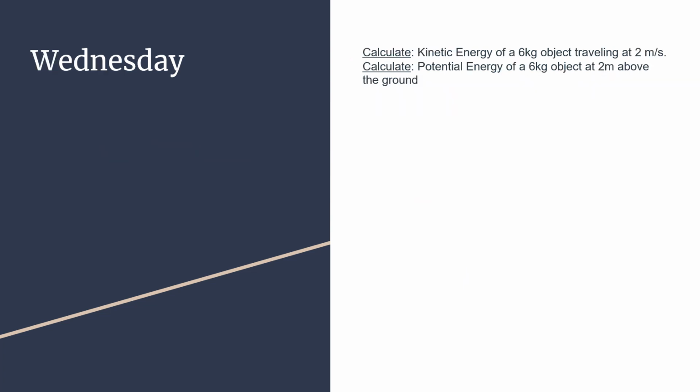All right, we're going to look at some calculations here. We have a 6 kilogram object traveling at 2 meters per second, and we have the potential energy of the 6 kilogram object at 2 meters above the ground. So let's go ahead and do the easy one first. I think calculating gravitational potential energy is easy.